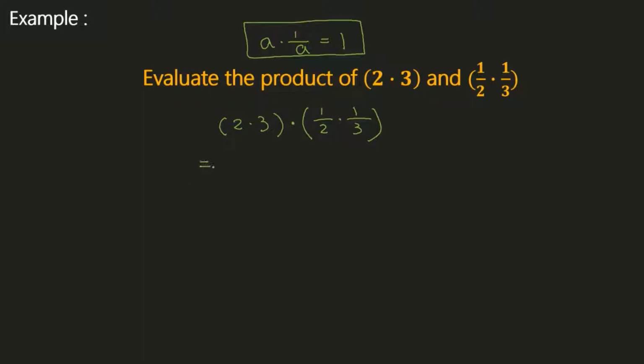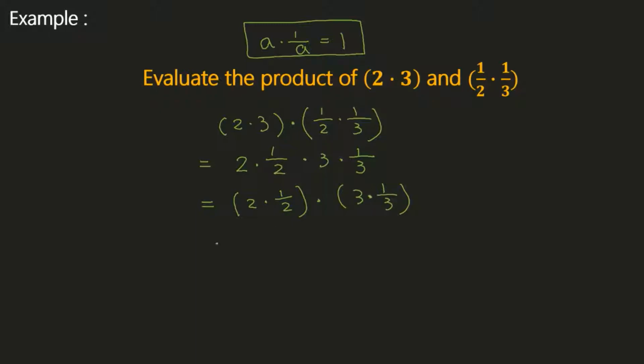Let's use the commutative property we learned from our last lecture and move things around a bit. We want to move 2 and 1/2 together, then 3 and 1/3 together, right next to each other. Next, let's use the associative property of multiplication and do a little grouping here. I want to group 2 and 1/2 together, then group 3 and 1/3 together.